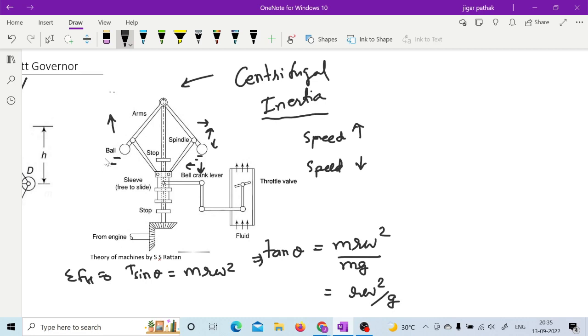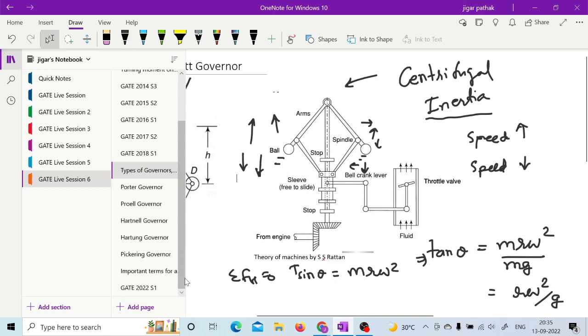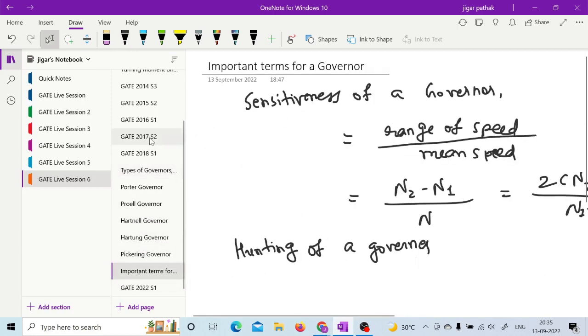If it is decreased in such a manner that it will go below the equilibrium condition, then again it needs to be increased, and again if it goes above the equilibrium speed, then this cycle will keep on running, right? If it happens so, then it is known as hunting of governor. So hunting of governor is an important phenomenon in this governor, right?